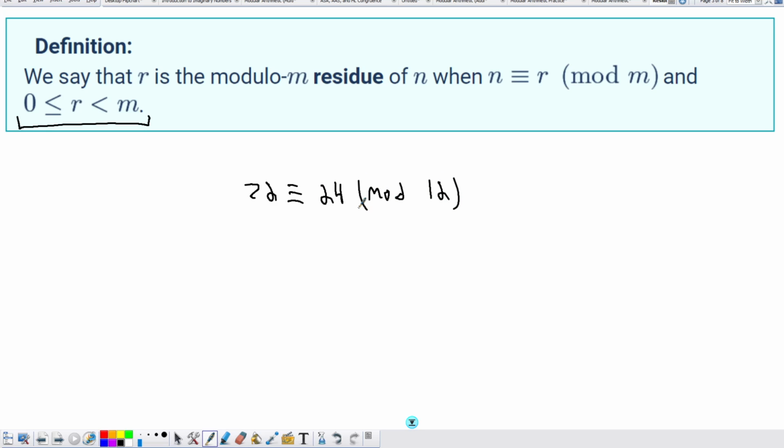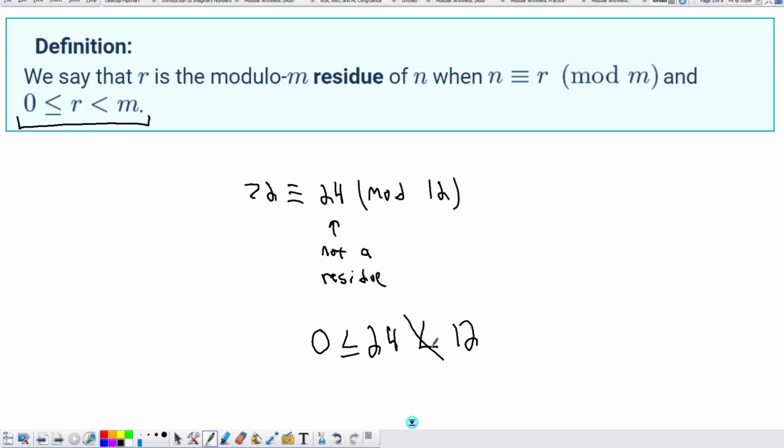However, 24 is not a residue. Why? Because 24 is certainly greater than 0, but is it less than M, in this case 12? Well, no. It has to be less than 12.